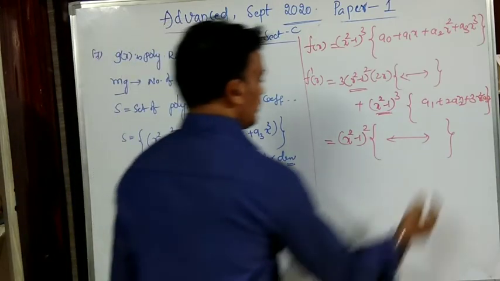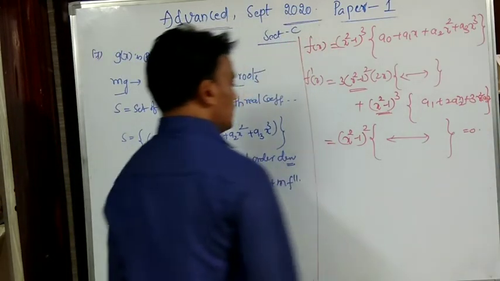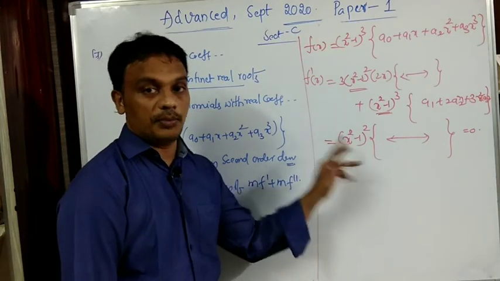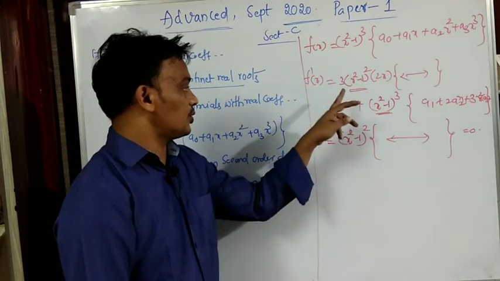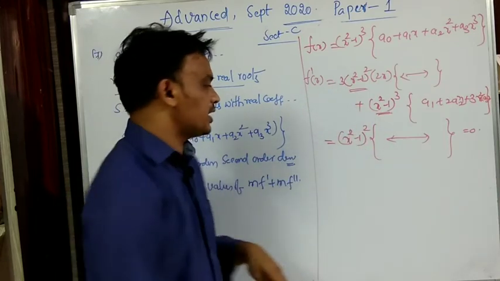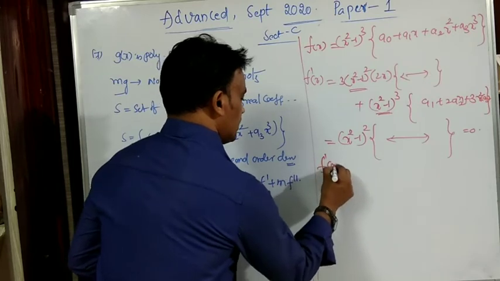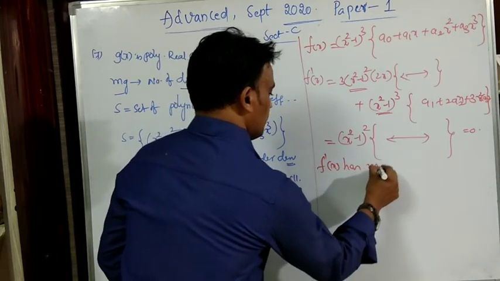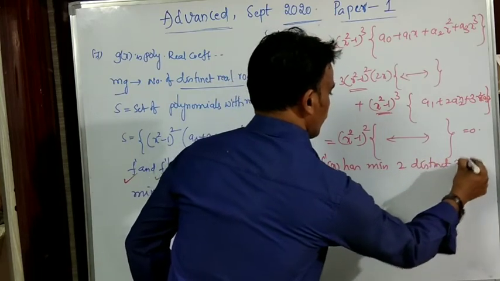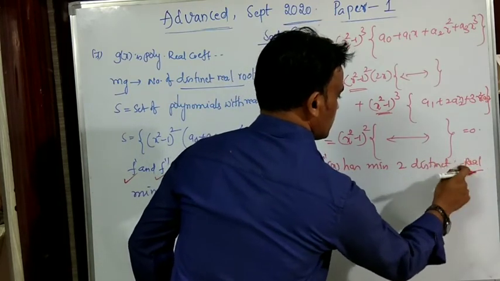So if f dash of x is equal to 0, then compulsorily I will get a minimum of 2 distinct real roots for f dash of x, they are plus 1 and minus 1. So I can write like this: f dash of x has a minimum of 2 distinct real roots.